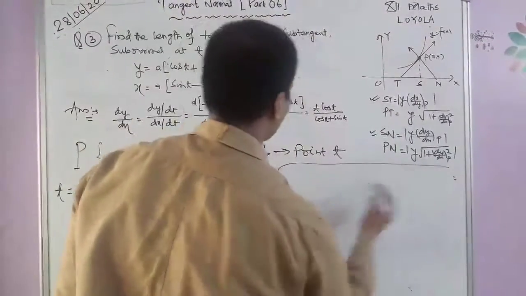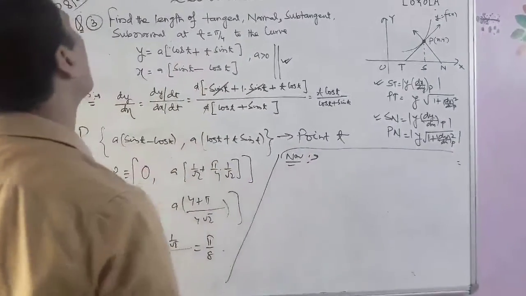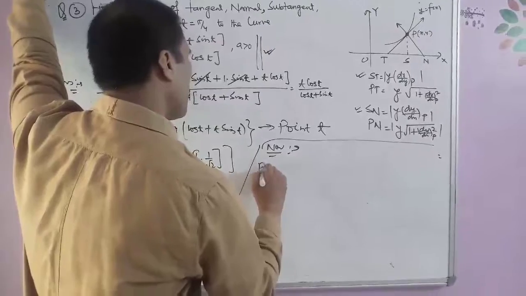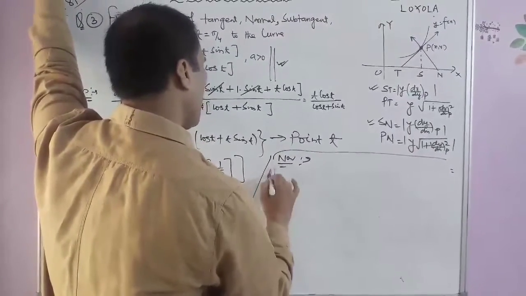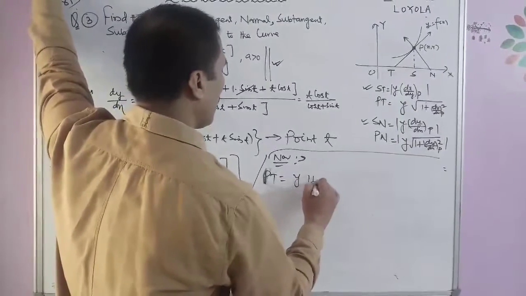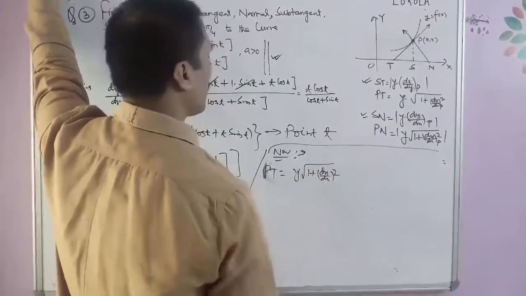Now the length of tangent, that is PT. For the length of tangent PT we have the formula |y| times the square root of 1 + (dx/dy)^2.